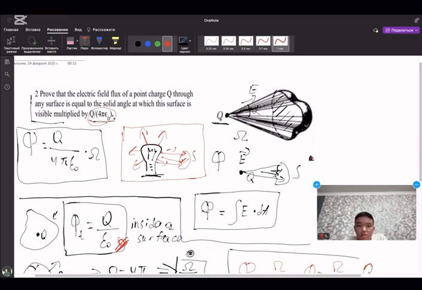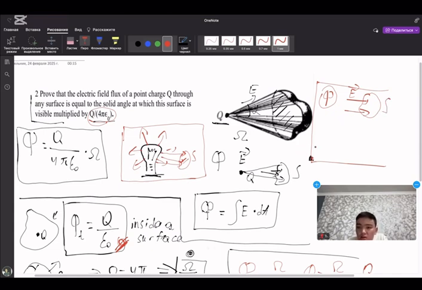I think it's easier than we think. In conclusion, I want to say two things. First is electric flux. It measures how much the electric field passes through a surface. For example, with a surface, electric flux measures how much of our electric field passes through this surface.